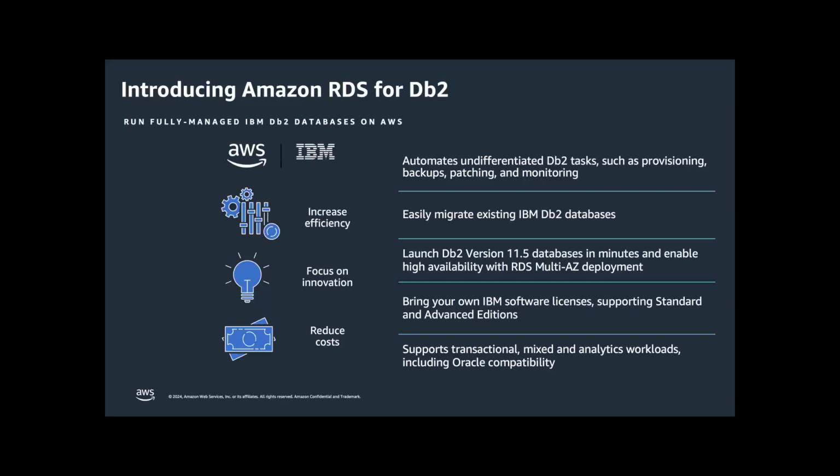From a licensing perspective, you can bring your own licenses so that you can continue your same workload, migrating it from, let's say, on-premises or any self-managed environment to RDS for DB2. You can use your standard or advanced editions. The service essentially supports single-node transactional, mixed, and analytical workloads.